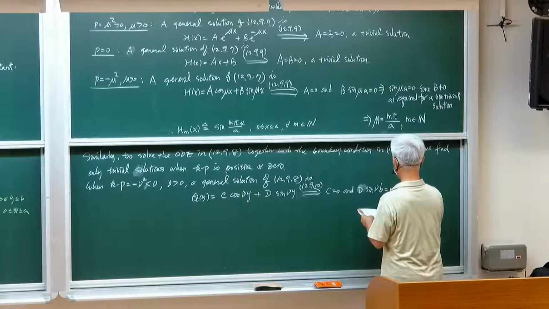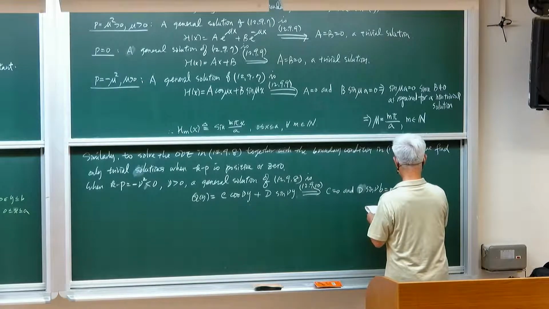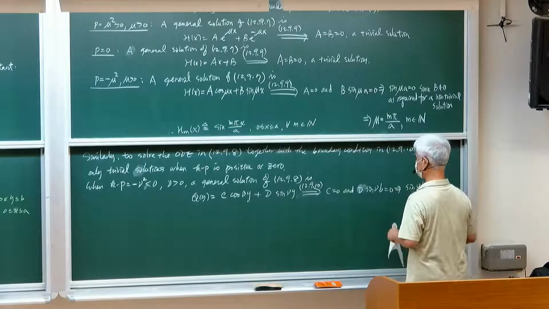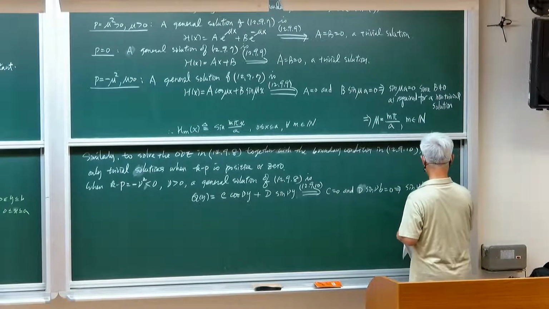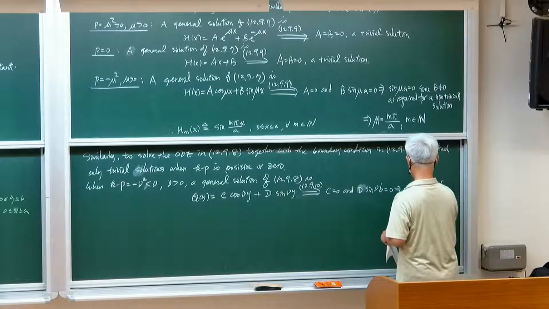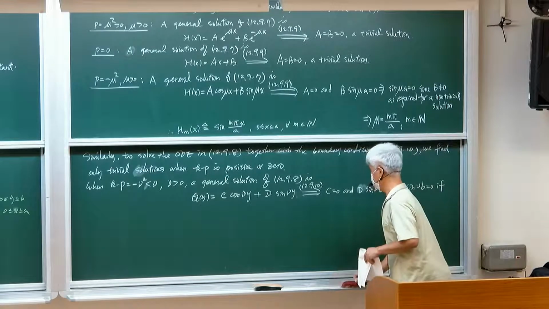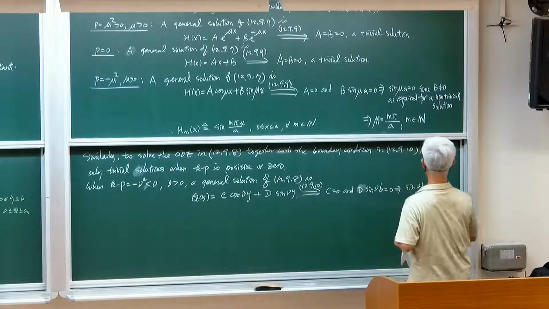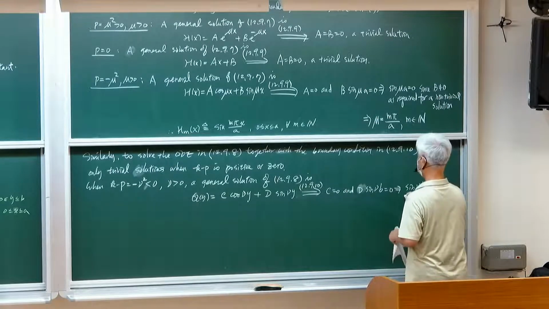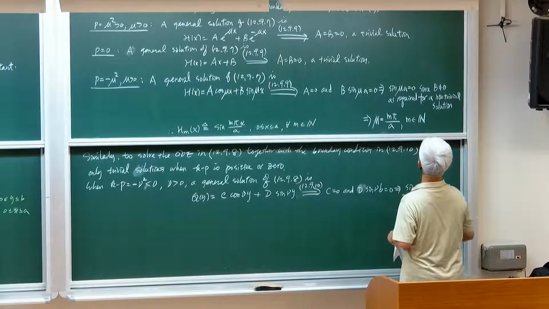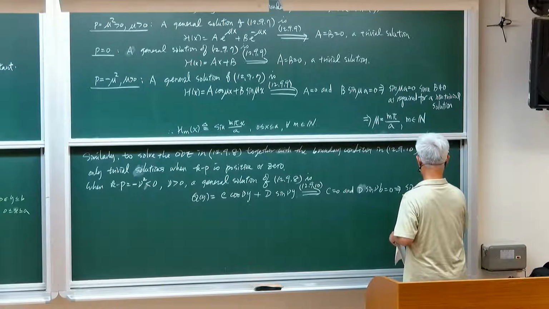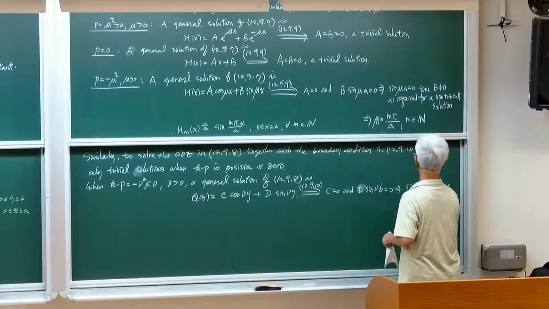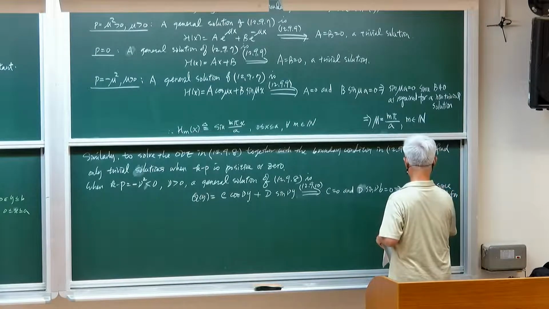Which implies that sine nu b equals 0, since D is not equal to 0, as required for a non-trivial solution.